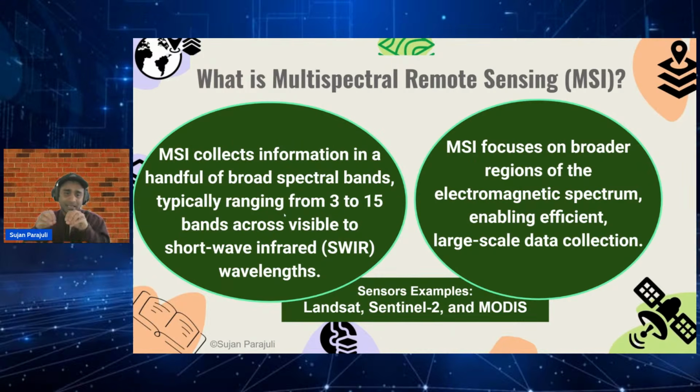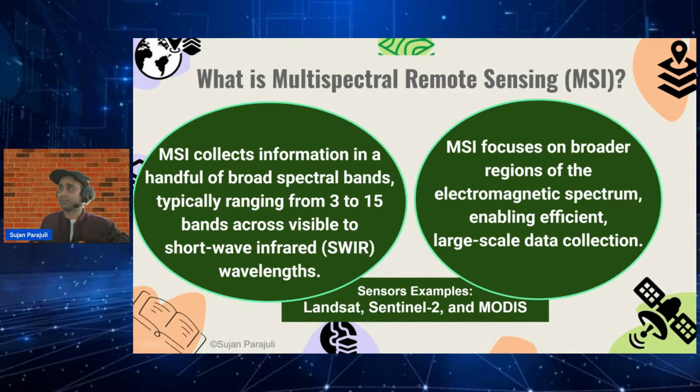It's acquiring, or collecting, spectral information in a handful of bands, generally 3 to 15 bands, usually within the wavelength range from the visible band up to the near infrared band, SWIR band, and thermal infrared band.